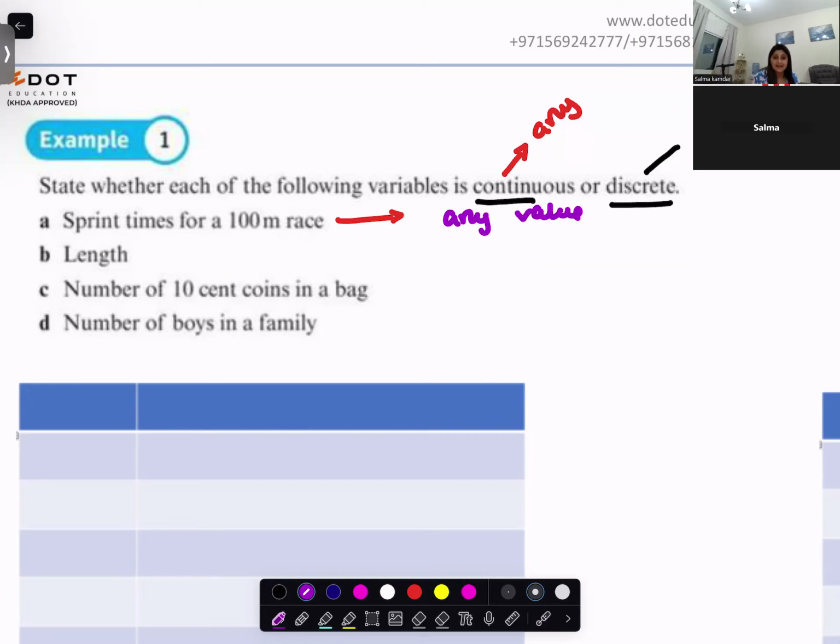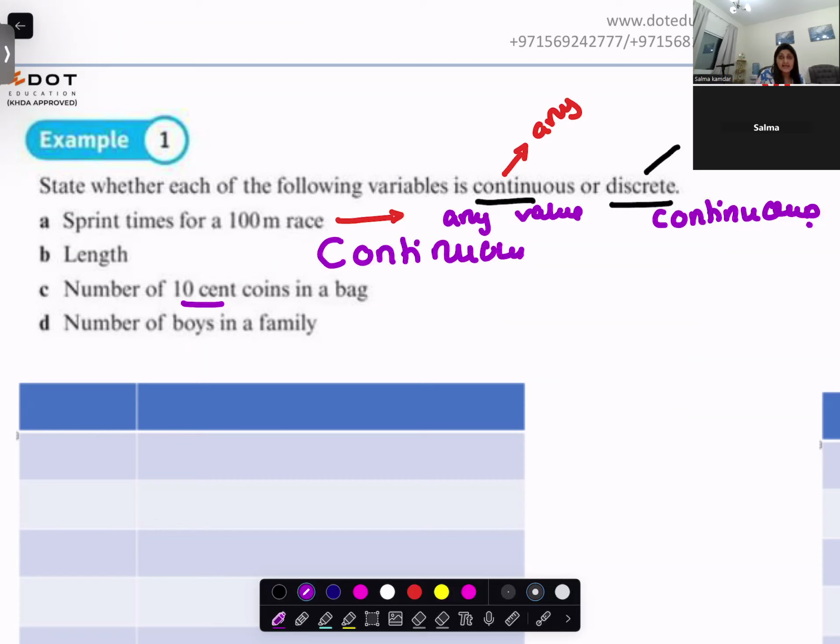That means 9 seconds, 9.1 seconds, 10 seconds. So between 9 to 10 seconds, it can take any value. So this is a continuous data. Length. Length also can take any value. So this is a continuous data.